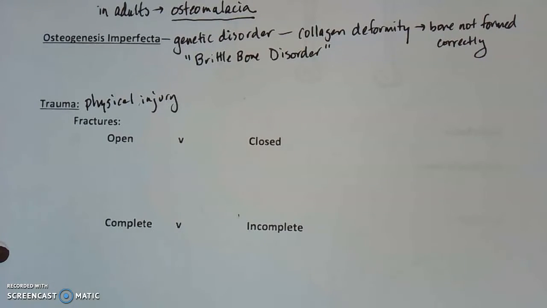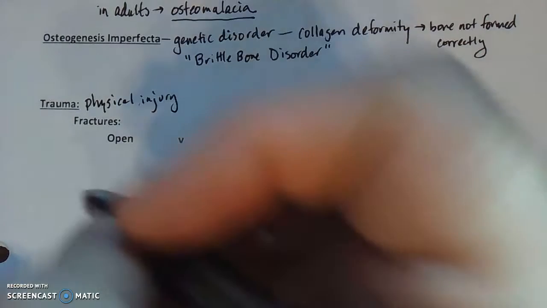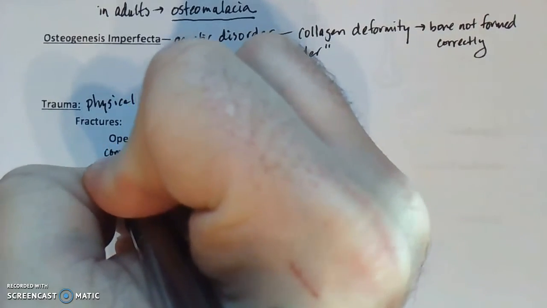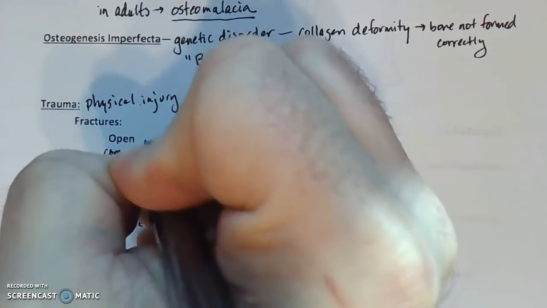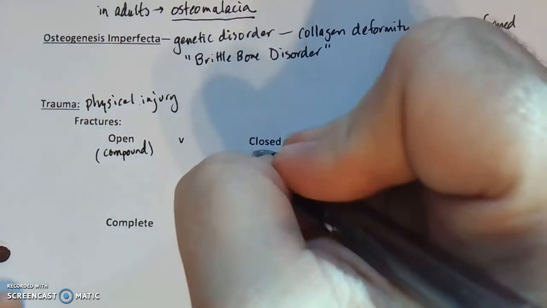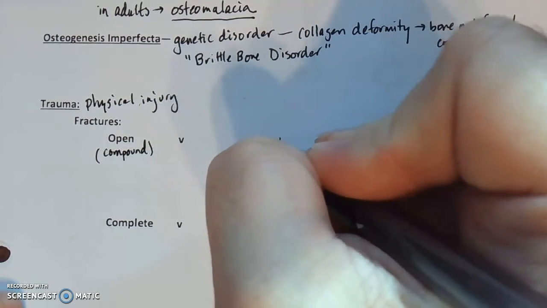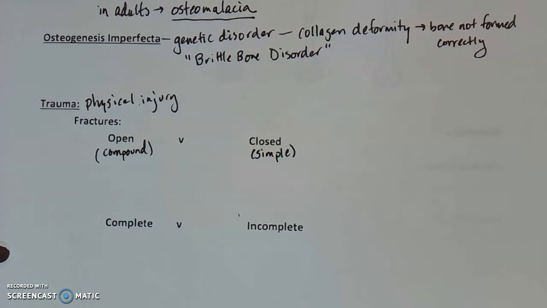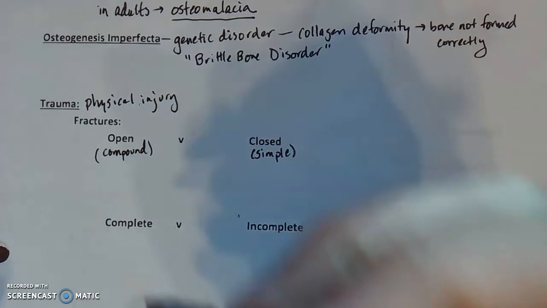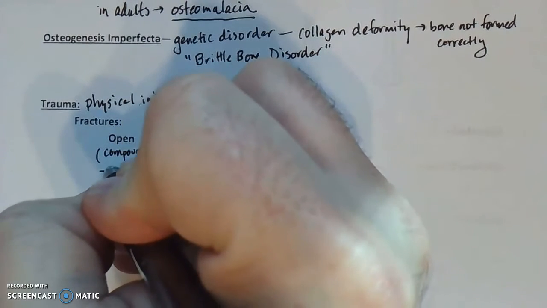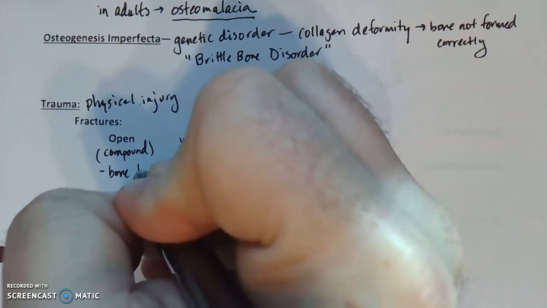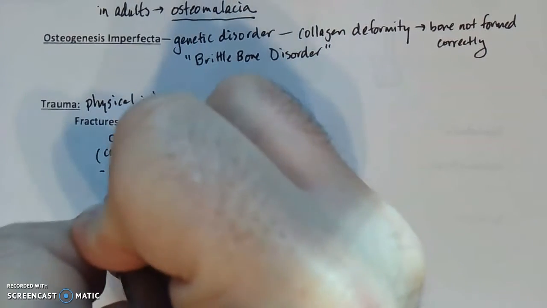So with this, one way that we can compare fractures is open versus closed. Open is sometimes called a compound fracture, and closed is often referred to as a simple fracture. It all depends on whether the bone is breaking the skin. So in a compound fracture, the bone breaks the skin surface.